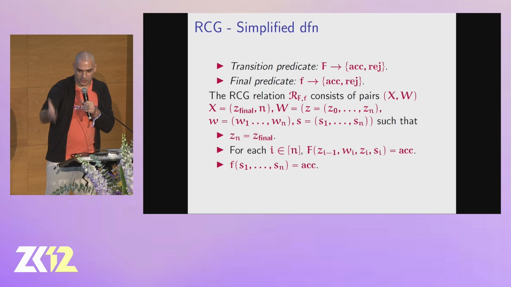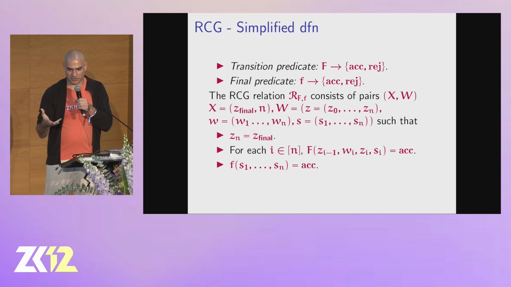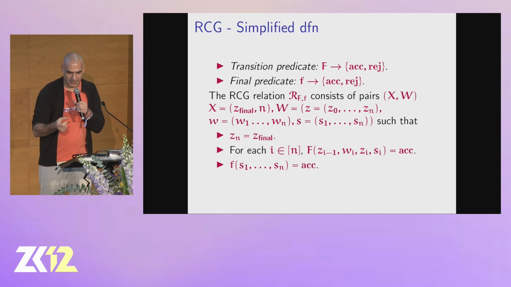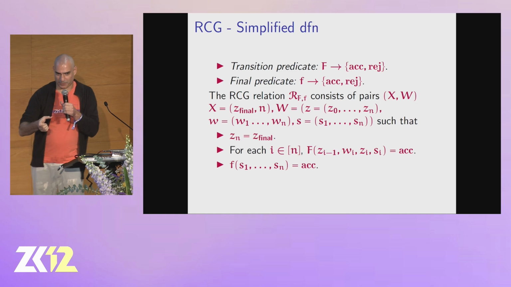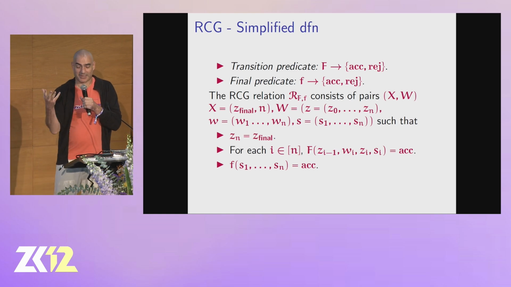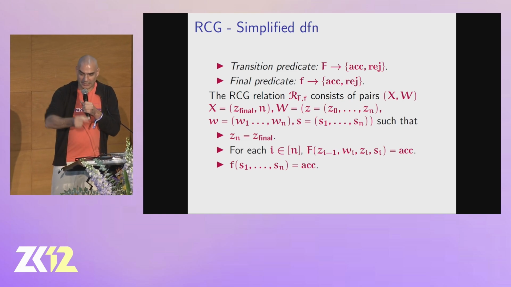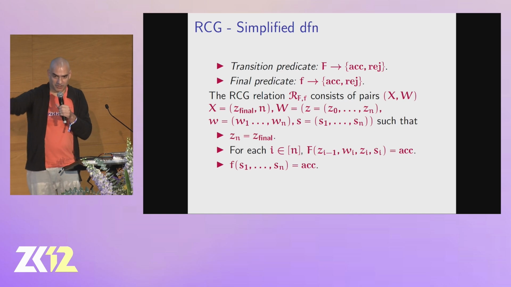Right, so this third thing is where we have an additional ability that we wouldn't have in IVC. We are allowed to test some final predicate on what we think of as relatively little chunks from all the iterations.